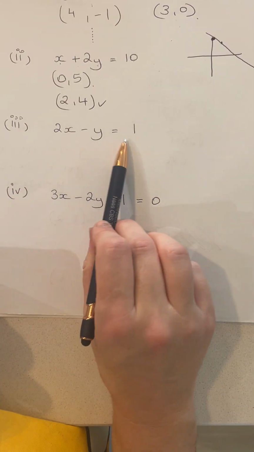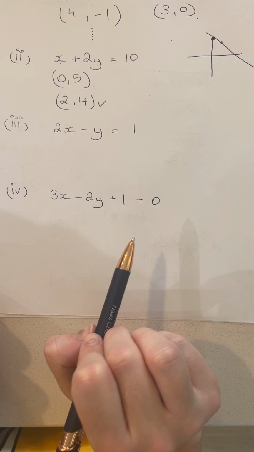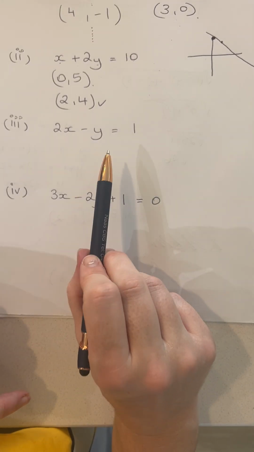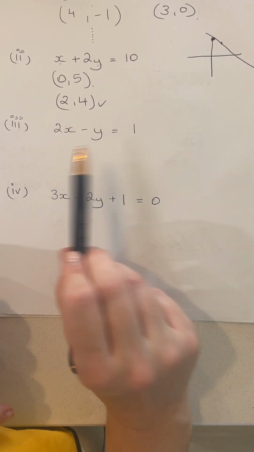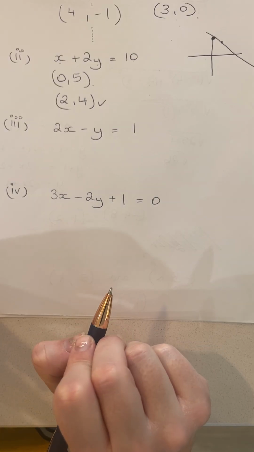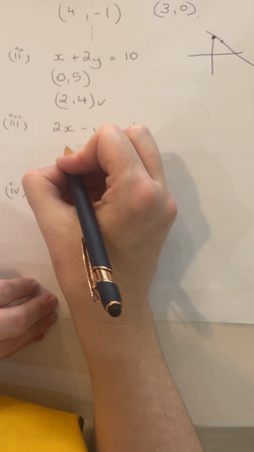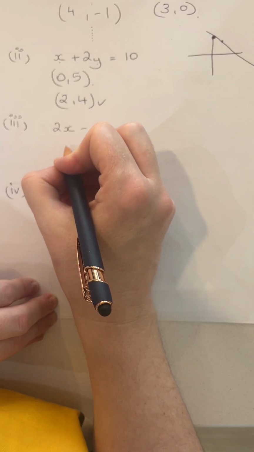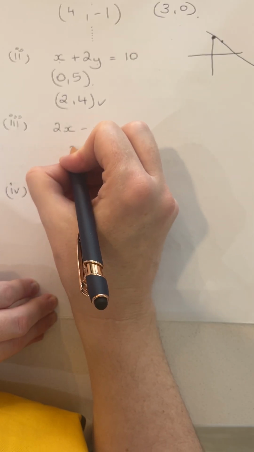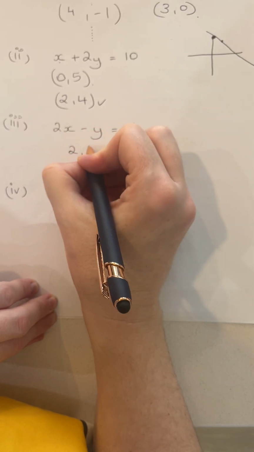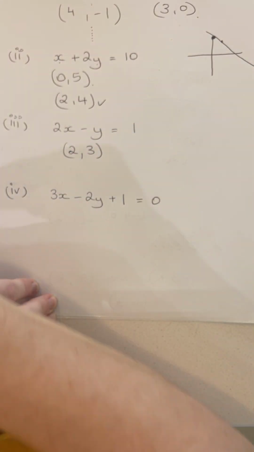Take your time now for these last two. Have a go, pause the video and just see if you can find some. I'm just going to put a few here, but there is an infinite amount of them. I think (2, 3) works.